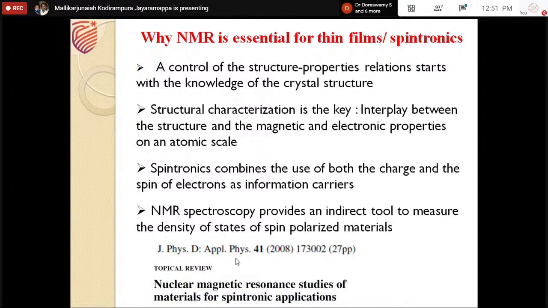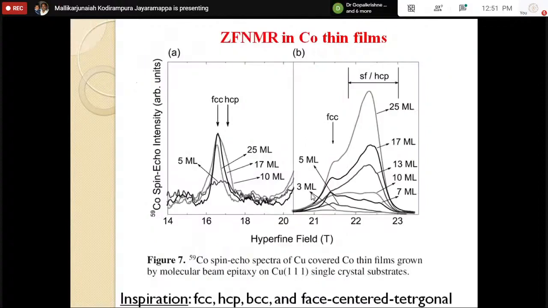Let us move on to the schematic representation of one of the graphs. What they have plotted here is the internal field NMR spin echo intensity as a function of the thickness of the film they grew using spintronics techniques. It is only for inspiration purposes.